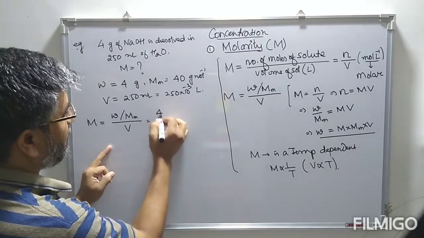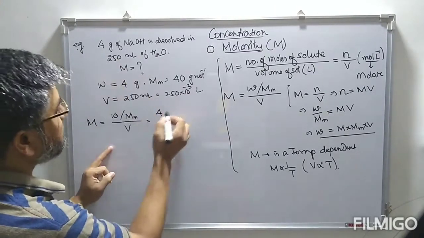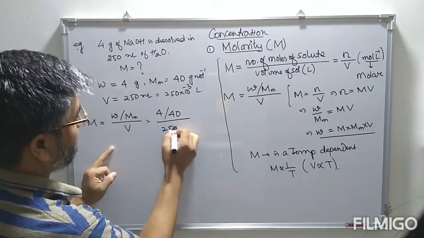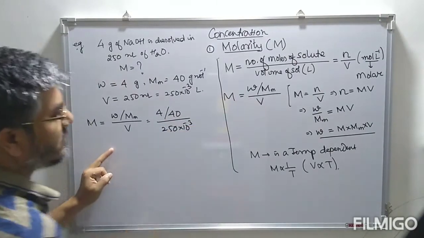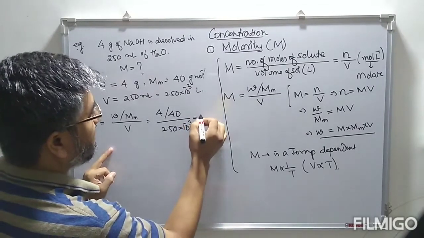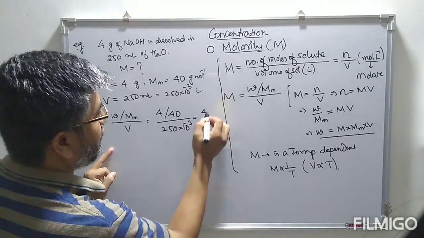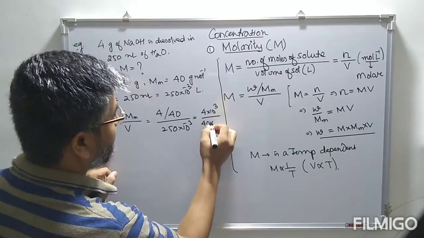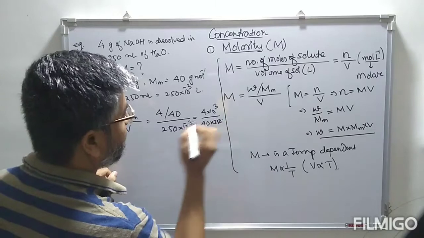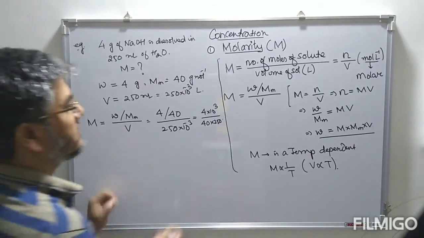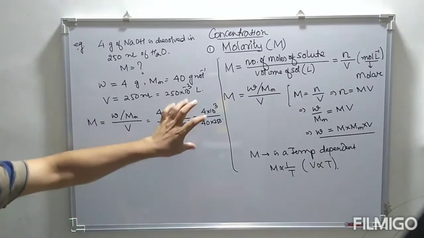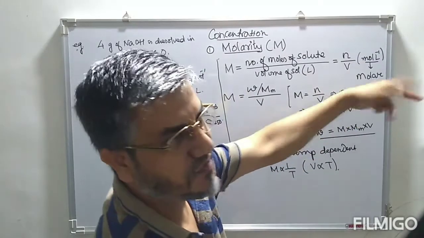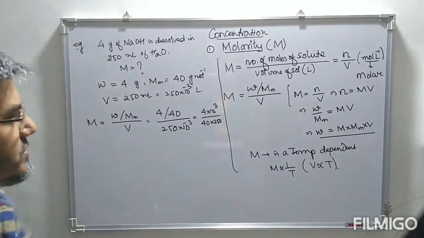So mass is 4 gram divided by 40 into 10 to the power minus 3. So this comes out to be 4 into 10 to the power 3 divided by 40 into 250. So this is the molarity. This is mole per liter, or simply say molar. We can also simplify this.